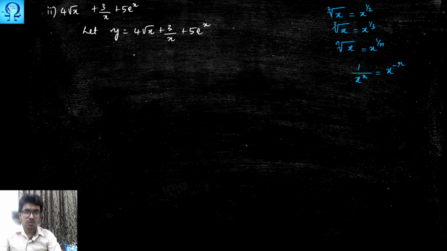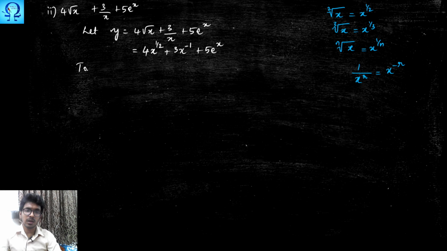As suggested here, we may write this as 4x power 1 by 2 plus 3x power, which here we have only x, which means we have x power 1. When it comes to the numerator, it becomes x power minus 1 plus 5 e power x.